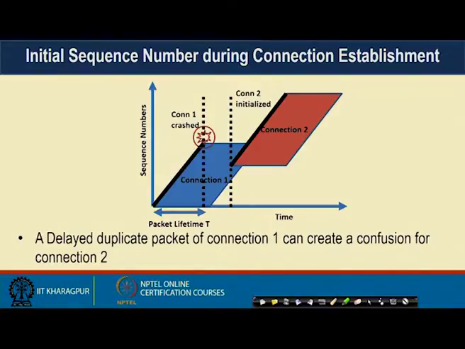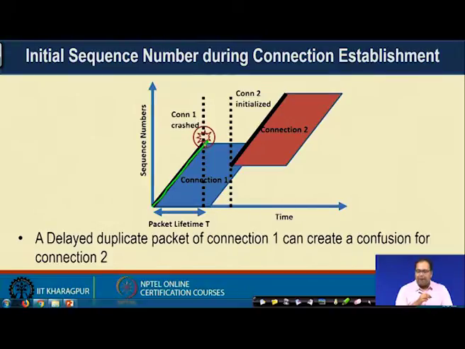Whenever one connection selects a sequence number, this particular dark black line indicates the sequence number that a particular connection is going to use with respect to time. If it is using this set of sequence numbers, every byte with that sequence number has a lifetime, here t. Within that lifetime, the packet or the byte can be outstanding in the network.